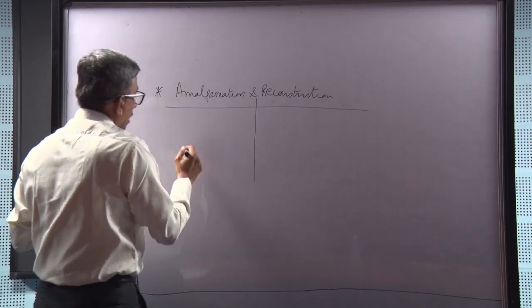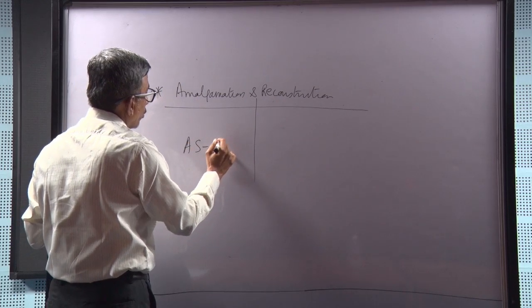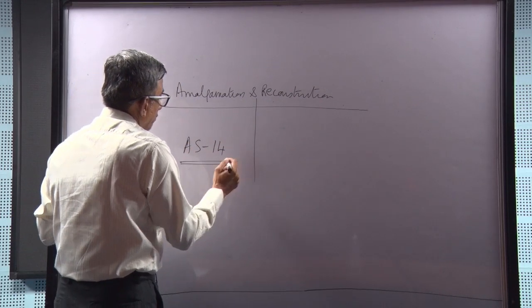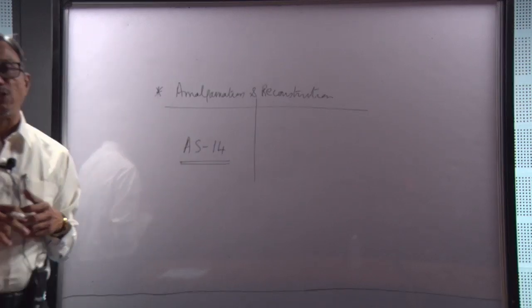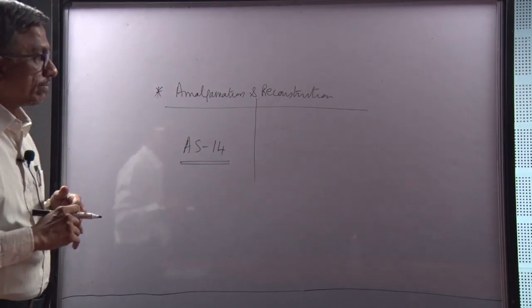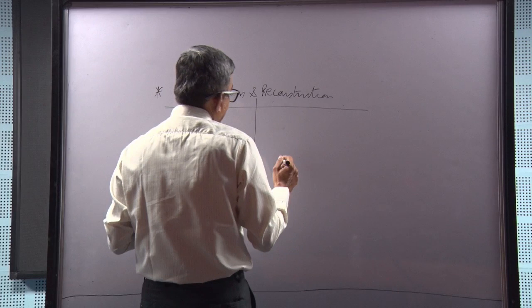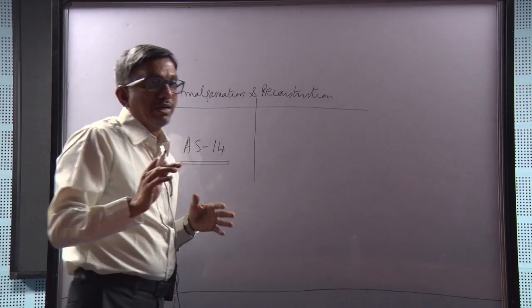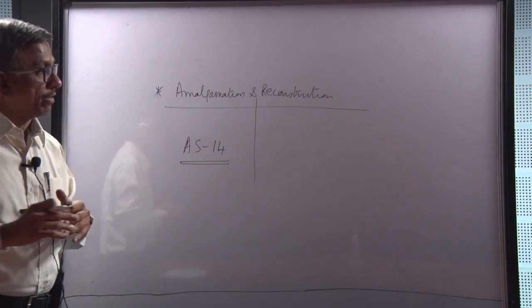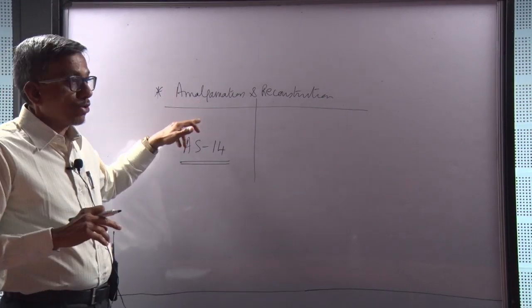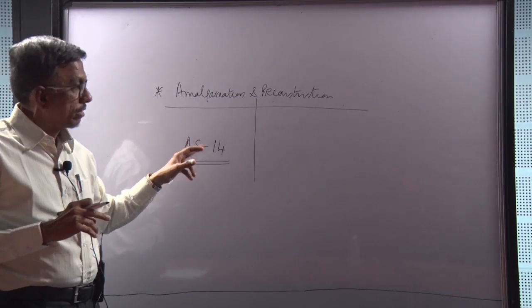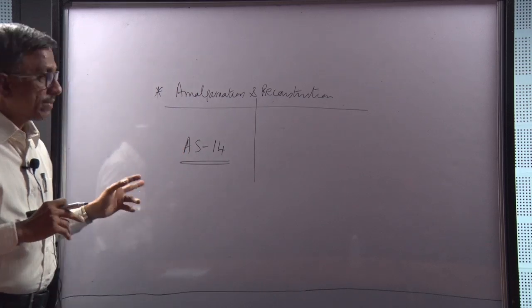Amalgamation is governed by AS 14. In other words, this is also based on an accounting standard. Whereas reconstruction problems are not governed by AS 14. So let us be very clear. Amalgamation problems are to be solved based on accounting standard 14.